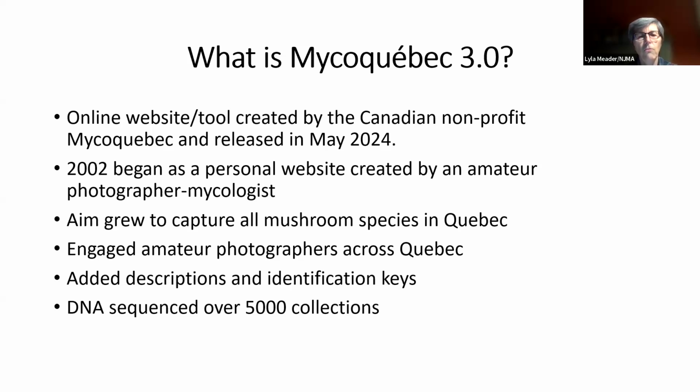So over time, this kind of continued to grow. Eventually, they started to add descriptions, so it's not just photographs and names, but descriptions of these species, and to include identification keys. That wasn't enough. They then also wanted to figure out what some of these cryptic species were, and to make sure that they know what they've got.